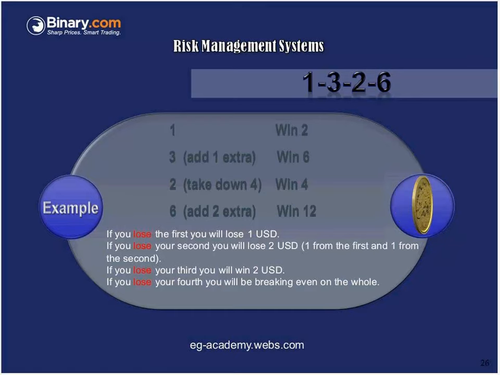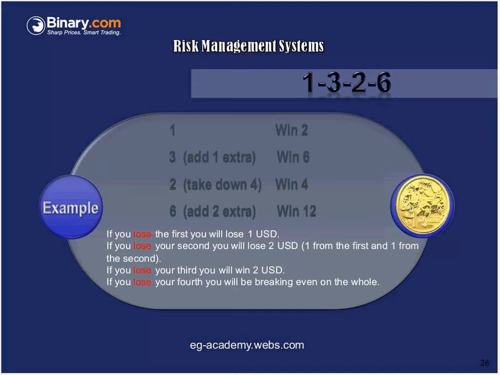And finally, in the fourth step, 6 units of money. If you lose at any step, you start all over again at 1 unit, then 3 units, and so on. The odds should be close to 2, and the winning chance of a single trade should be close to 50%.